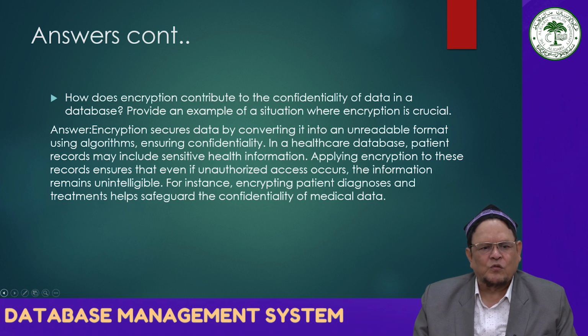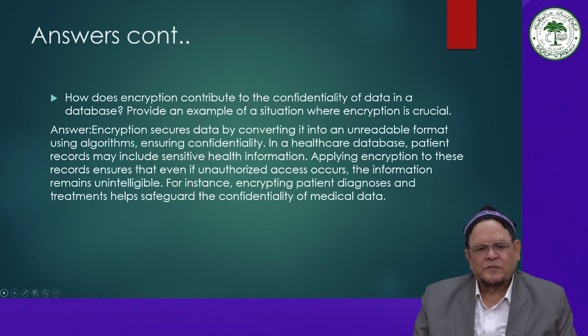Applying encryption to these records ensures that even if unauthorized access occurs, the information remains unintelligible. For instance, encrypting patient diagnosis and treatment helps safeguard the confidentiality of medical data.